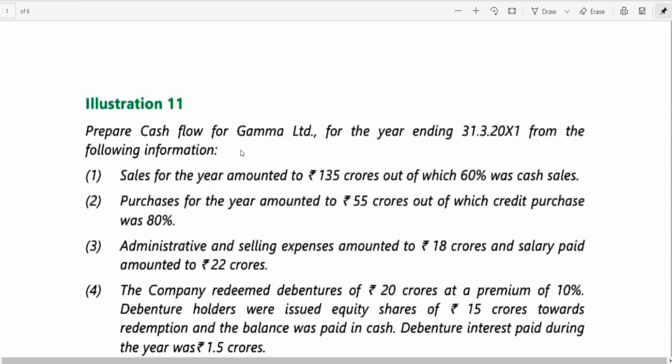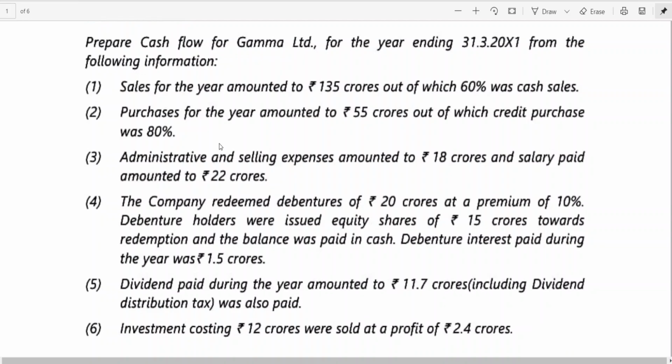Prepare cash flow for Gamma Limited for the year ending 31st March 2011 from the following information. Sales for the year amounted to 135 crores, out of which 60% was cash sales. So, I think we need cash sales, no?